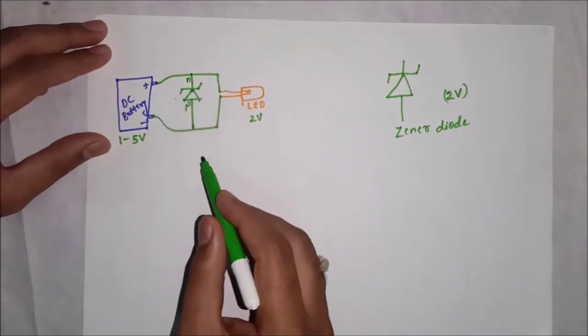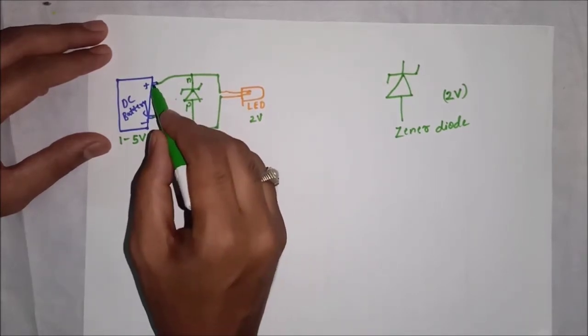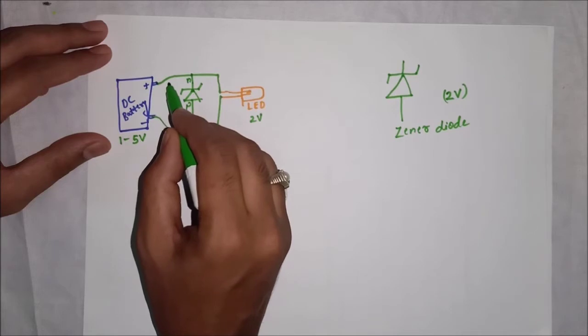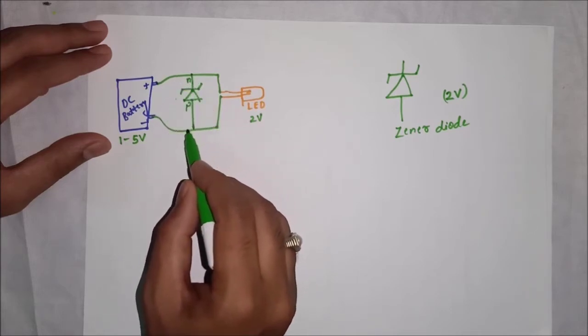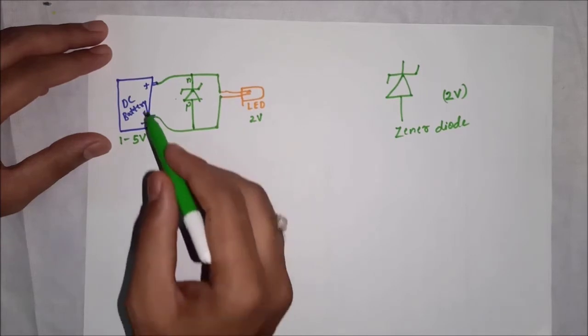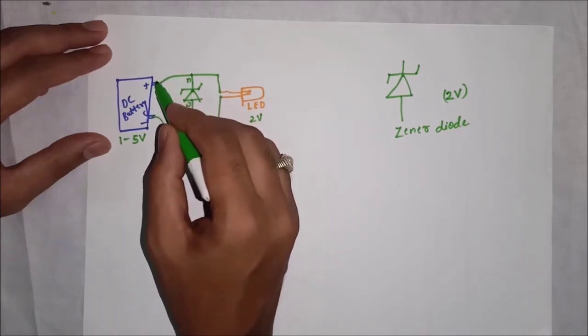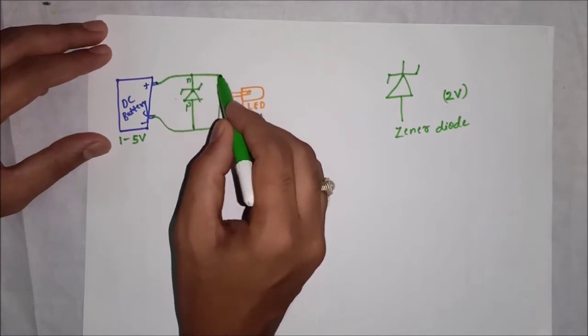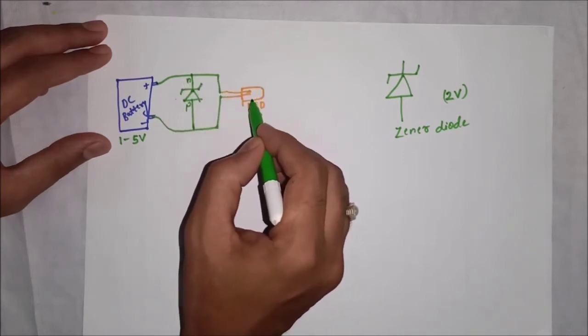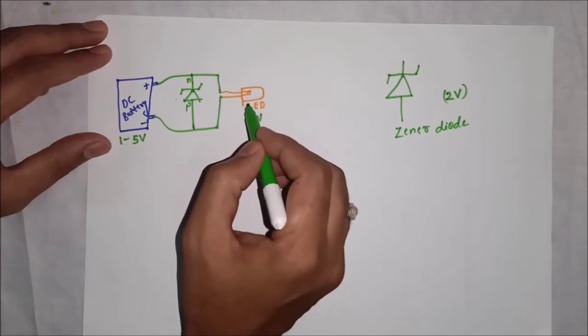If you use it like this, when the current is very high, it should be taken out back. And if the current is very low, it doesn't allow it to pass through the diode, that current goes into the LED and it glows properly at 2 volt.